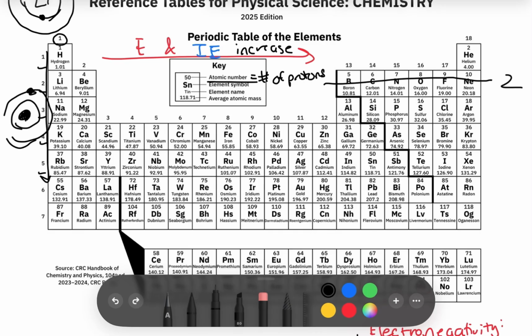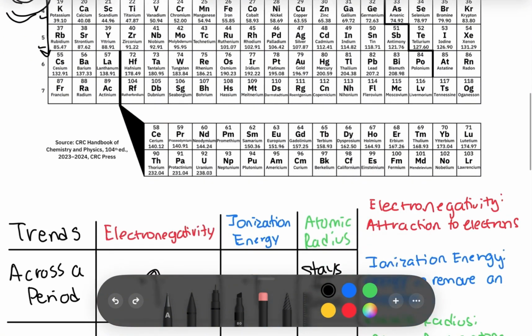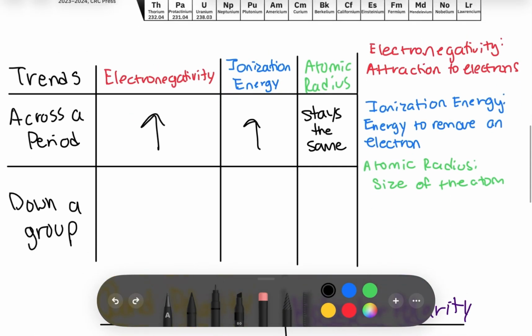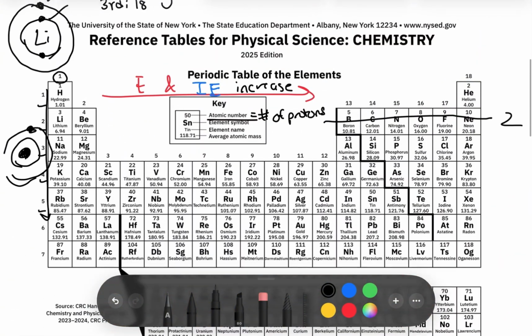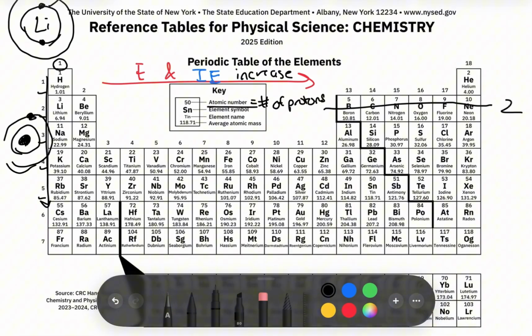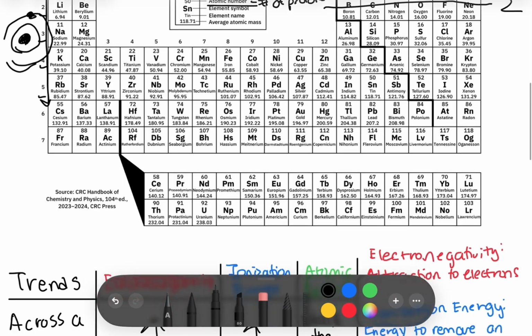The inner electrons are shielding the valence electrons, weakening the attraction and making it easier for these valence electrons to interact. Therefore, a weaker attraction signifies a lower electronegativity, making it easier to remove the electron. However, since the number of shells is increasing, the atomic radius is increasing.